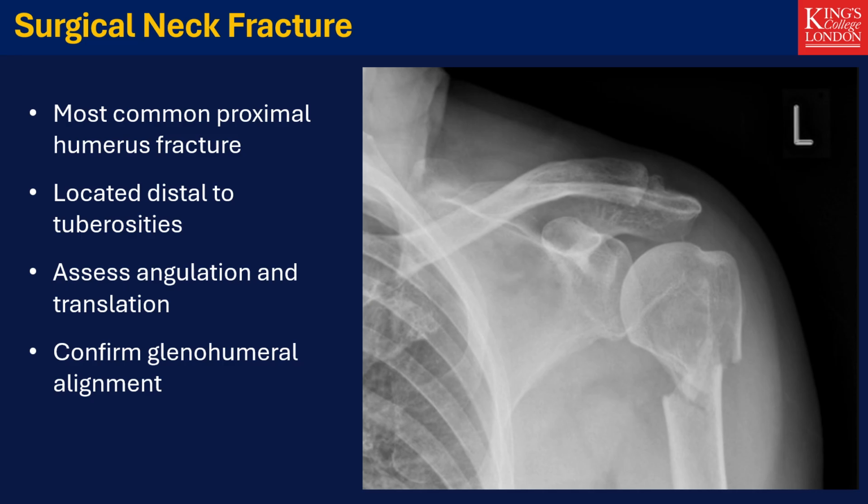Surgical neck fractures are the most common proximal humerus injury. The fracture occurs distal to the greater and lesser tuberosities. Begin by confirming that the humeral head remains centered relative to the glenoid. Then assess angulation and translation. Varus tilt of the humeral head is common.